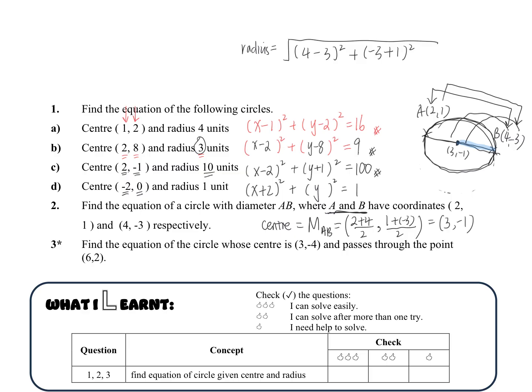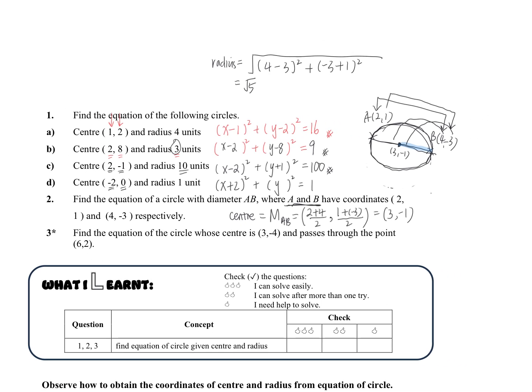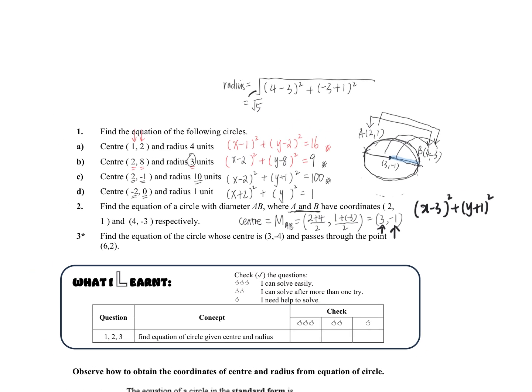So you are using everything that you have learned in E-Math here to help you for the circles chapter. So 1, is it root 5? 1 squared and 2 squared, yeah, 5. So you can leave it as a surd first because in your final equation, you will write x minus 3 squared, y plus 1 squared, equals r squared.